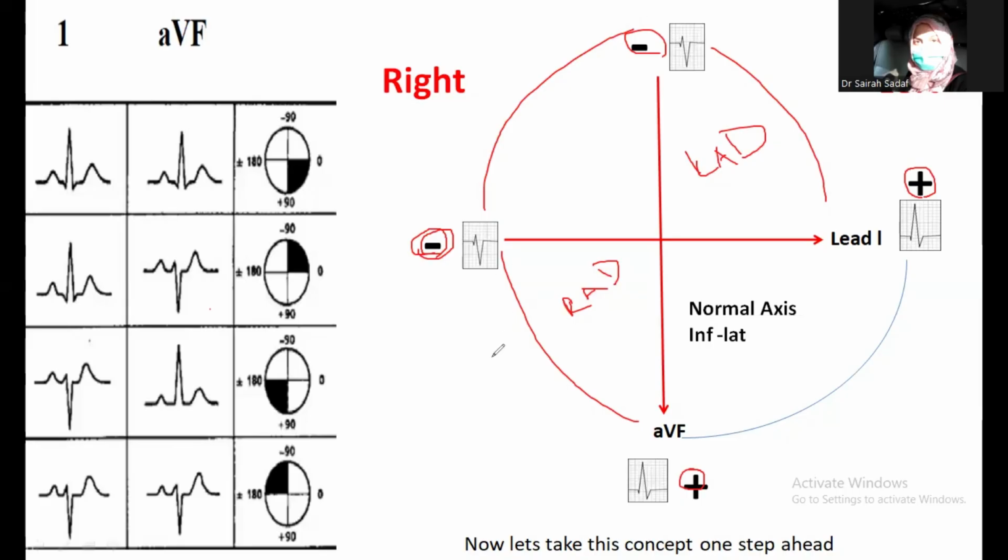Why? I will tell you. When you get ECG tracings which have predominantly negative QRS complexes in both leads, lead 1 and AVF, that indicates a worse situation, because it means extreme right, northwest, totally going somewhere else.